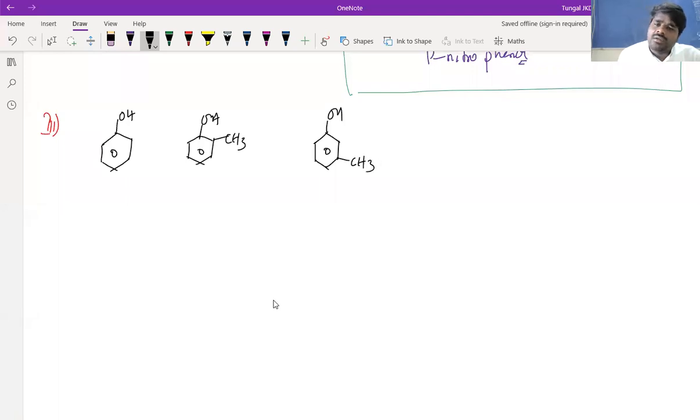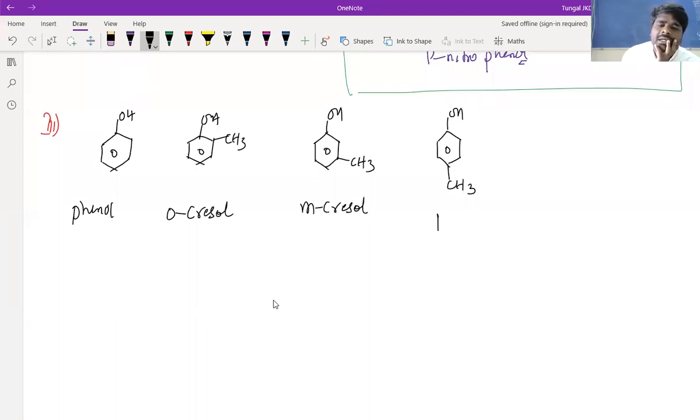This is your OH and this is your CH3. This is phenol. This is orthocresol. This is metacresol. This is paracresol. Let us assume this is 1, this is 2, this is 3, this is 4.